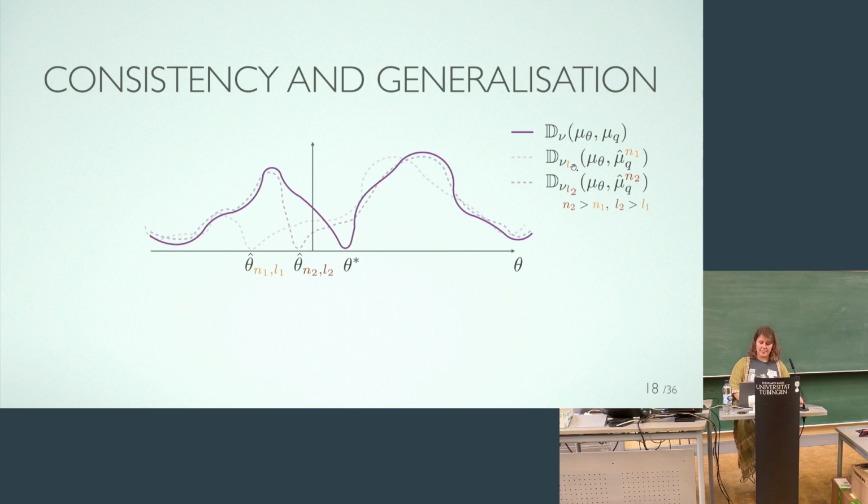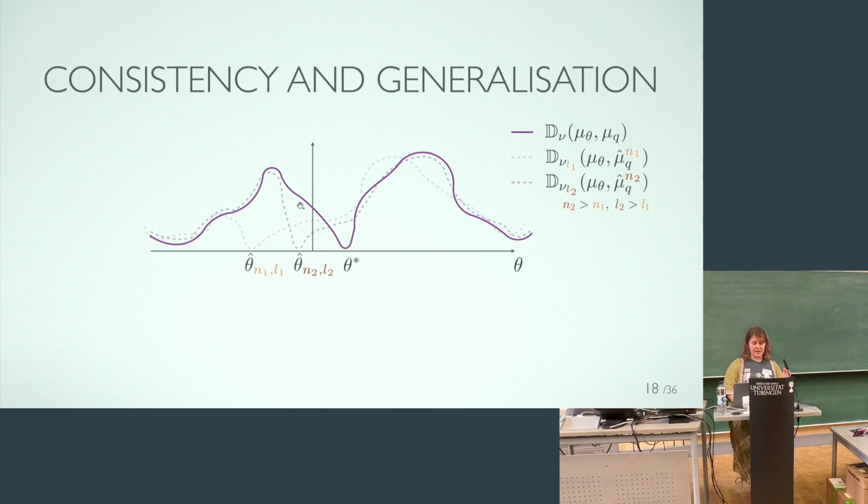When I'm taking an approximation for different values of L and N, I'm shifting away from the objective. So we say the objective is consistent if, as L and N go to infinity, for each fixed theta, the dotted lines go to the straight line.